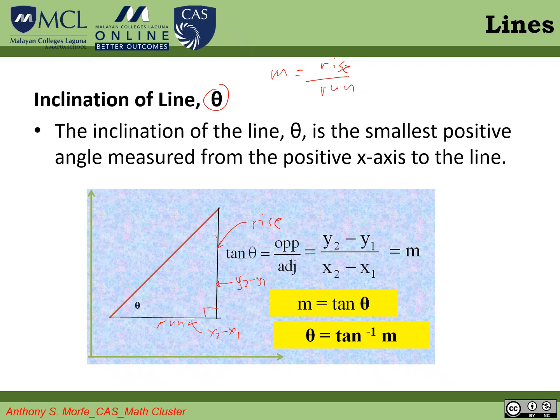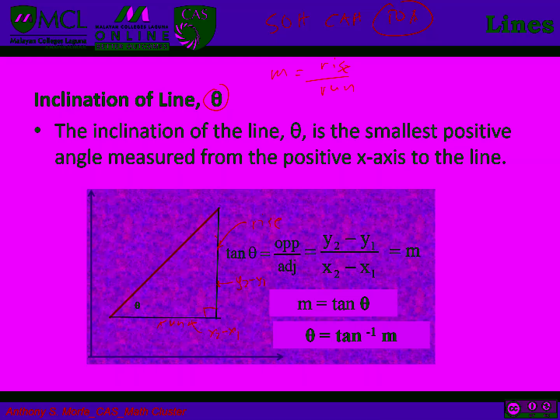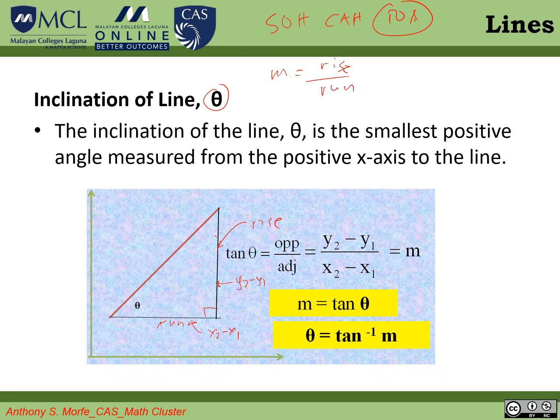M is equal to tangent. We use this because we don't have the hypotenuse, only the sides, and the sides are given as rise and run, respectively. So using tangent, the tangent of the angle theta is equal to opposite over adjacent.